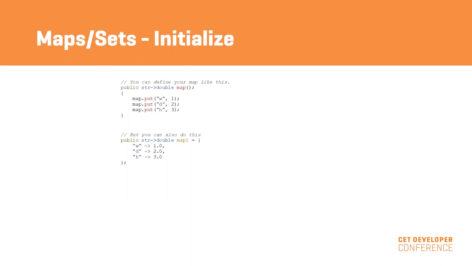It would just be this statement, and then you use the arrows to signify the difference between your key and value, and then commas to separate the key values, and then a semicolon at the end. If your cast is not implicit, then you can cast your first value, and it will try and do that for the rest of the values.